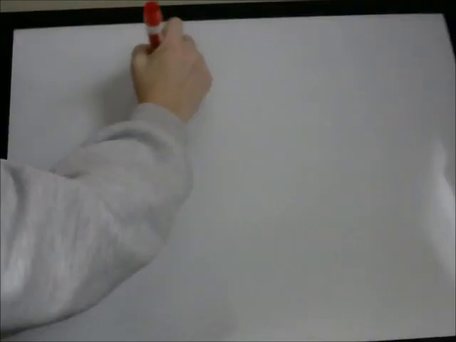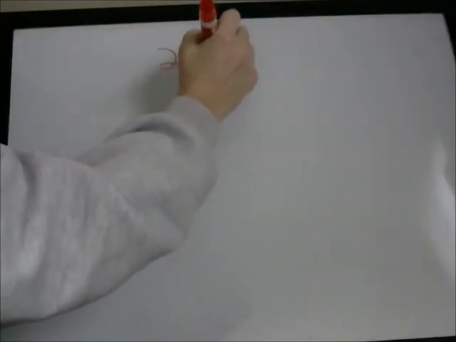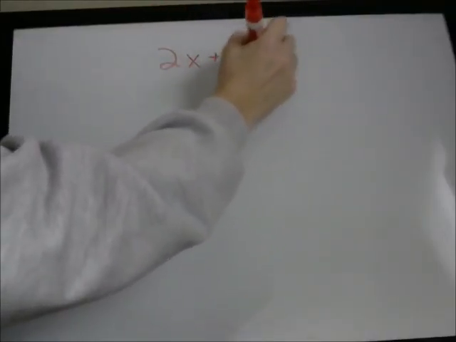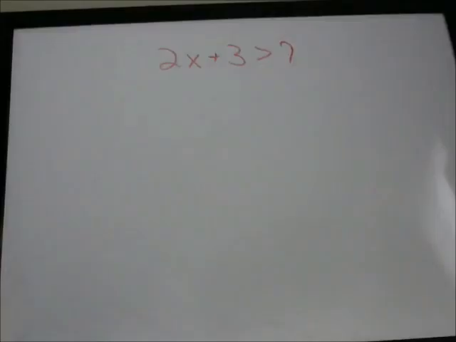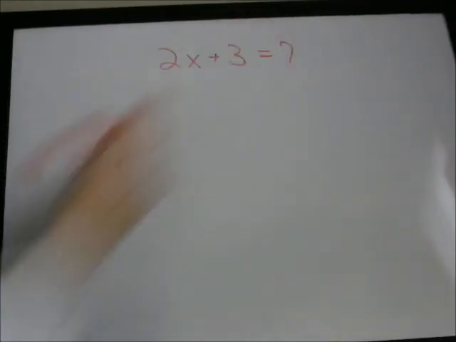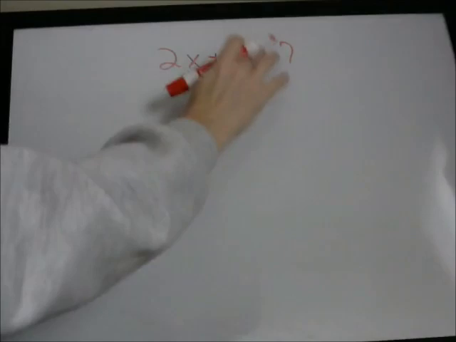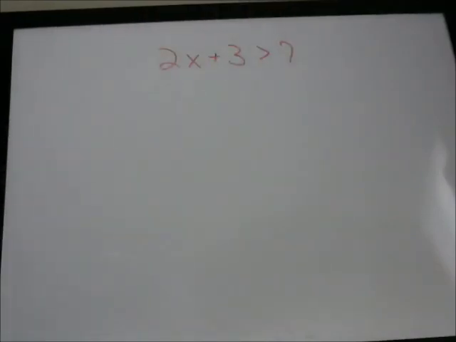I'm going to show you, for example, if we're given something like 2x plus 3 is greater than 7, and it says solve for x, we're going to treat this just like any other normal equation, assuming there's an equal sign there. That's how we're going to go about solving this. Again, there are two exceptions when we can't follow that.